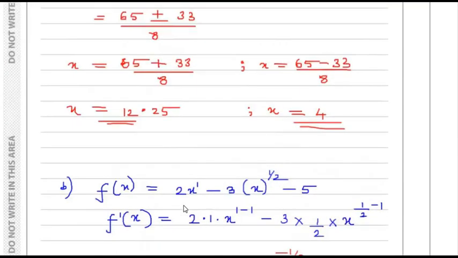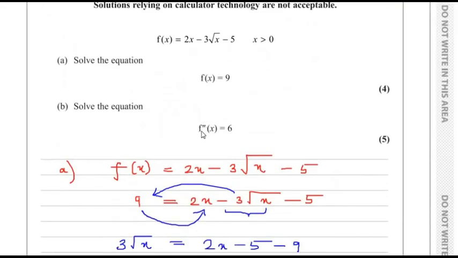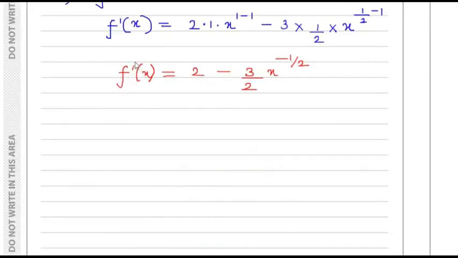But in the question they have told us to find the second derivative of the given f of x. So let us differentiate the first derivative of f of x again. So we get f double dash of x is equal to, now as mentioned before, the differentiation of a constant term is 0.